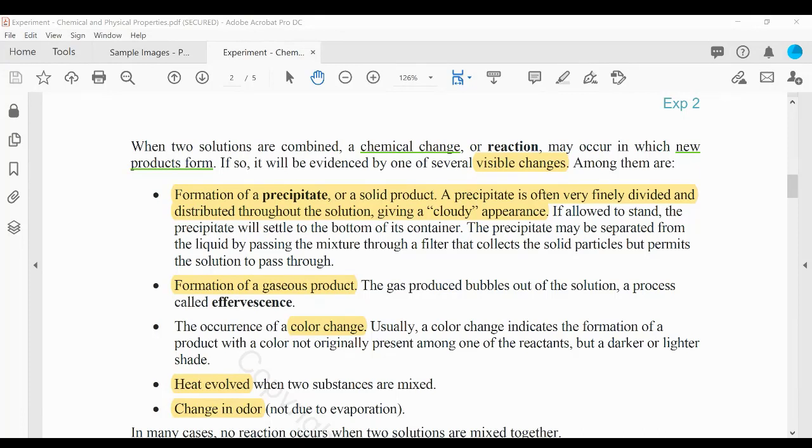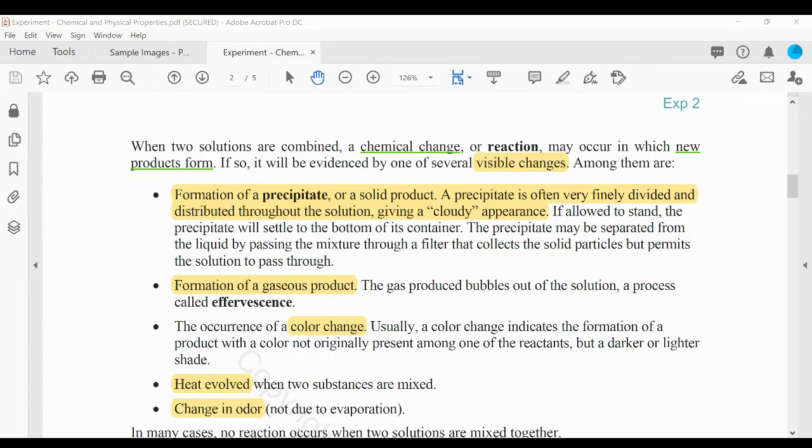Or sometimes we observe a cloudy appearance. It looks cloudy because the solid is finely divided in the solution, and you don't get to see a separate precipitate. Why do they call it precipitate?